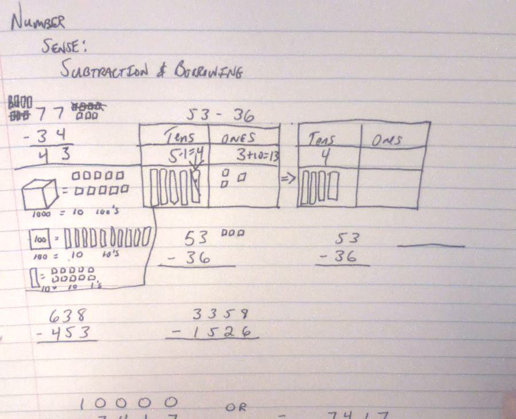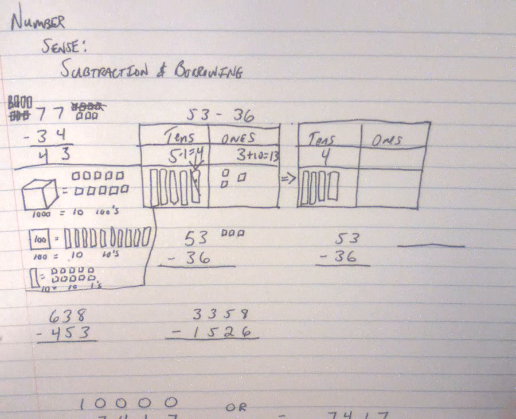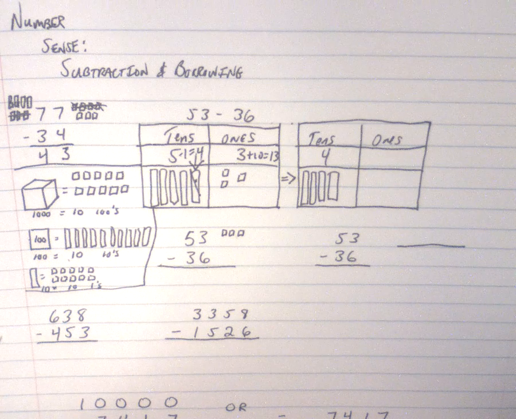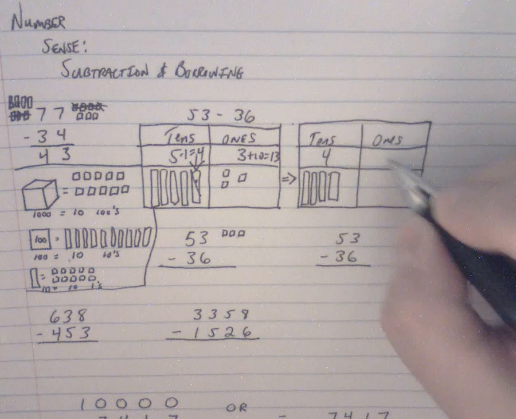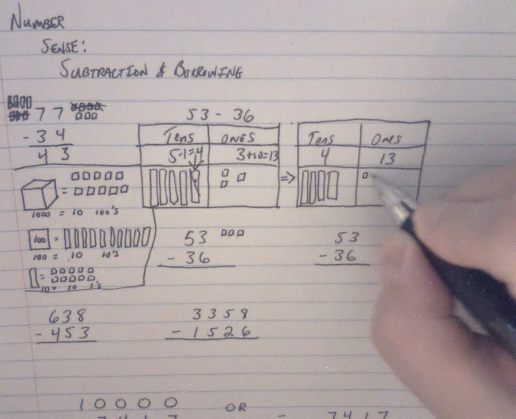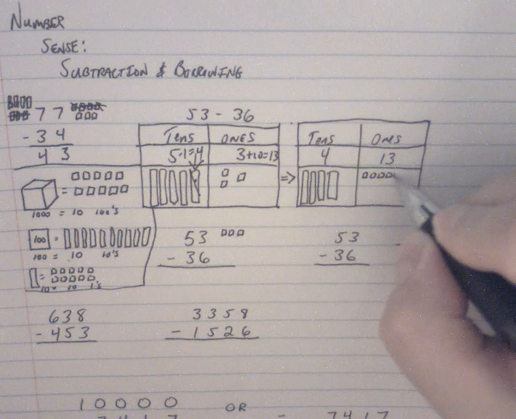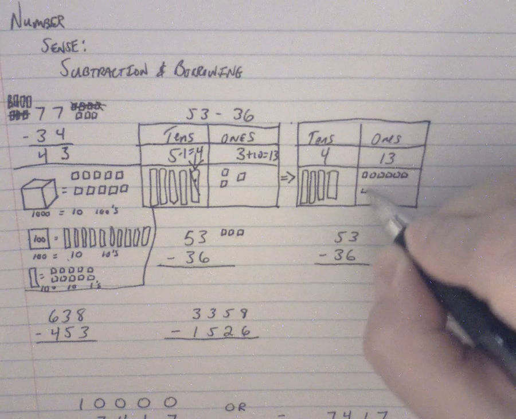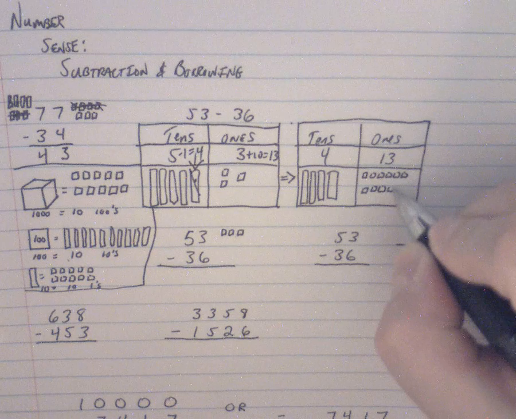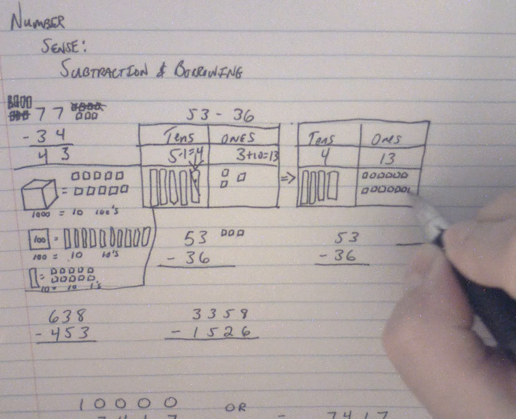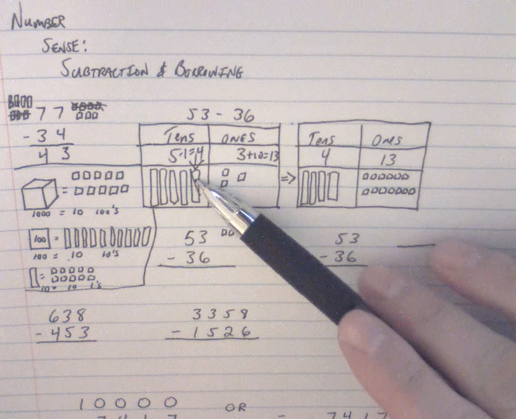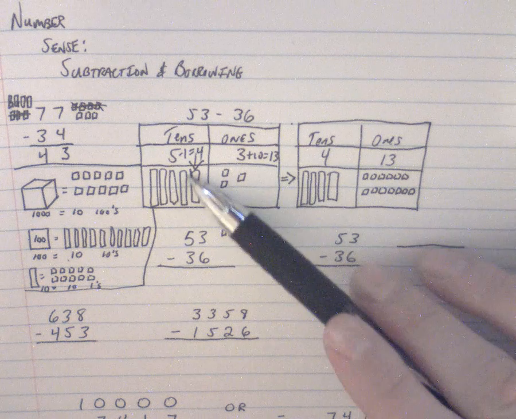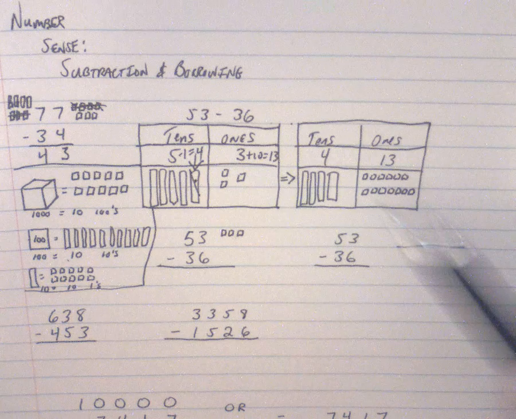You guys have seen those base 10 models. It takes 10 of those little ones cubes to make a tens block. So I have 13 ones. 2, 3, 4, 5, 6, 7, 8, 9, 10, 11, 12, 13. So what I did was take away a tens block, which gave me 10 ones.